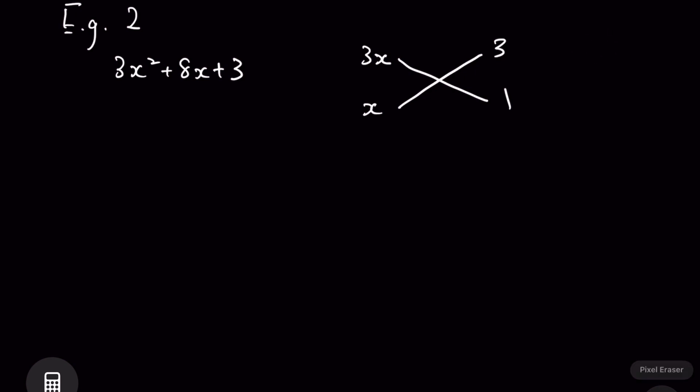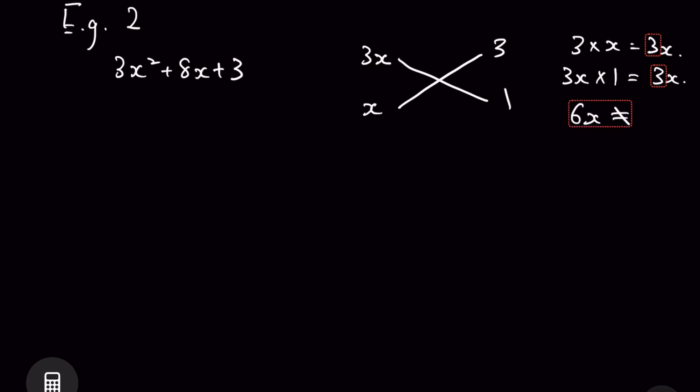And 3x times 1 is 3x, and x times 3, oh, it's opposite. 3x times 1 is 3x. Now we sum up to 6x, but however, it doesn't match 8x, which is in the middle of the equation.